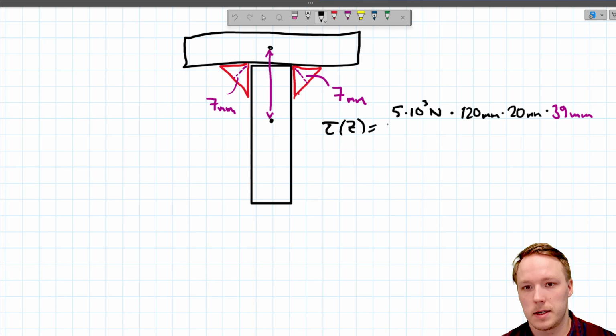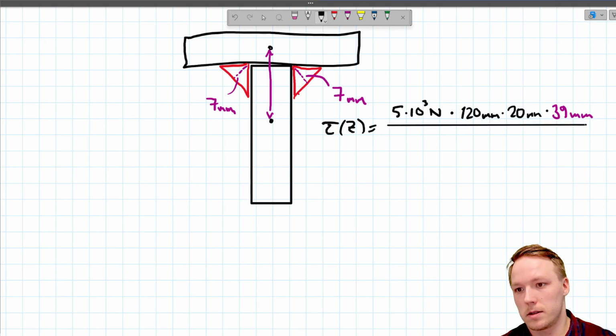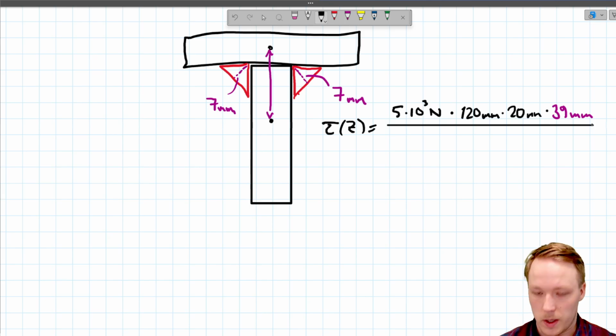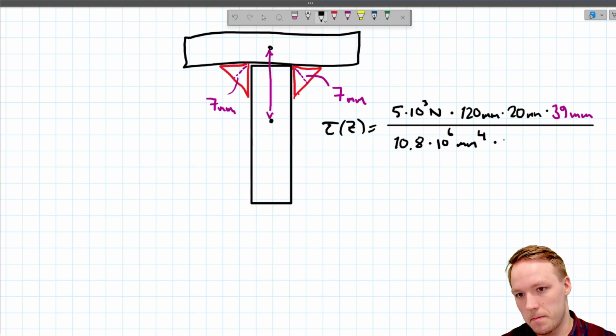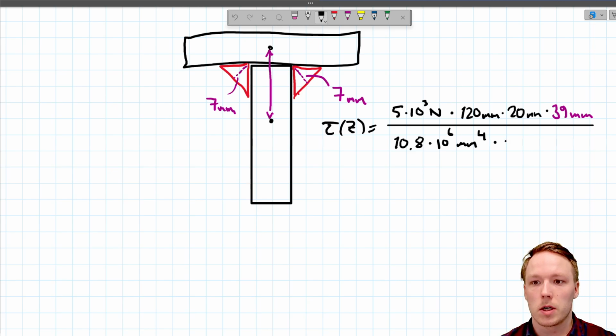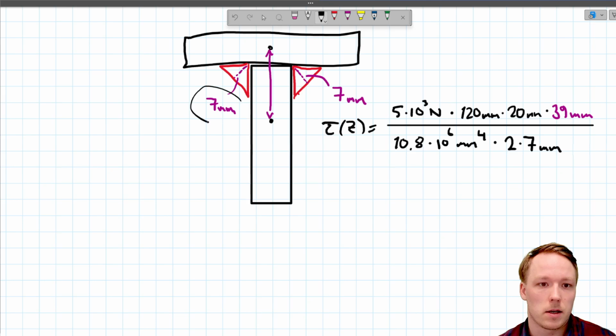And now we divide this entire thing with the second moment of inertia, 10.8 times 10 to power 6 millimeters to the power of 4, multiplied by 2 times 7 millimeters. Why 2 times 7 millimeters? The reason is that we have the weld on both sides here.